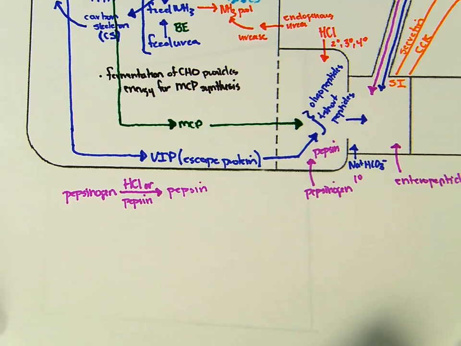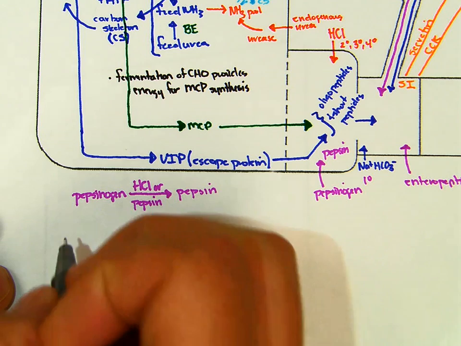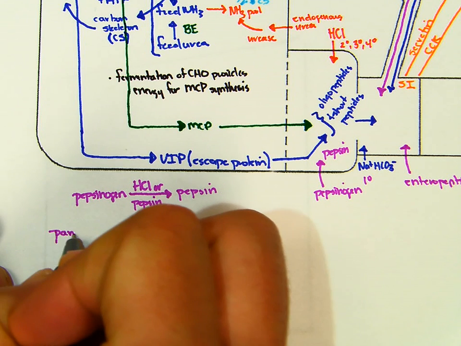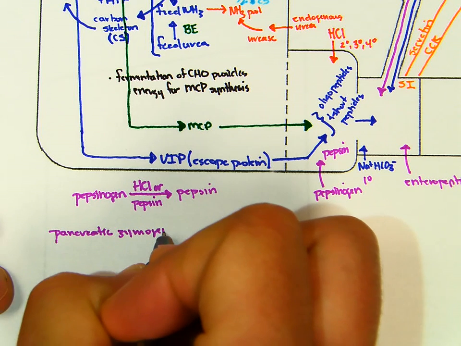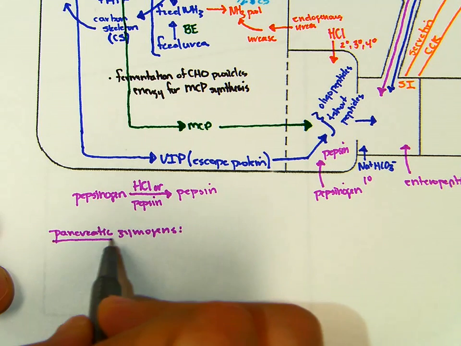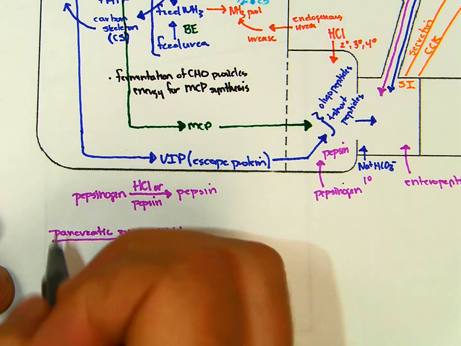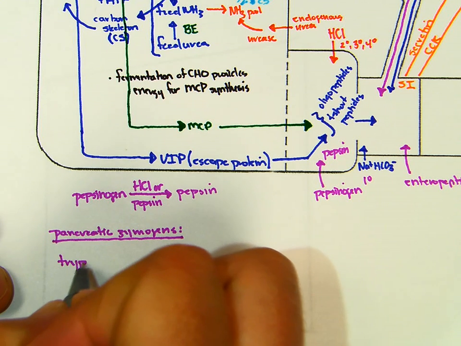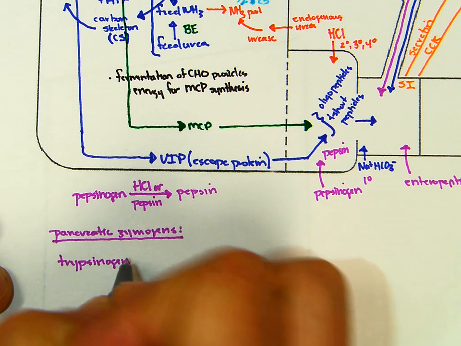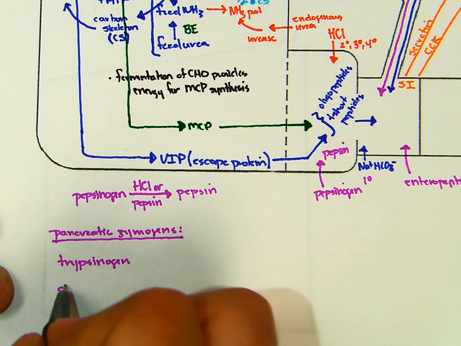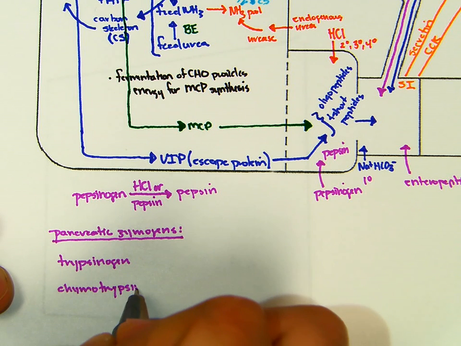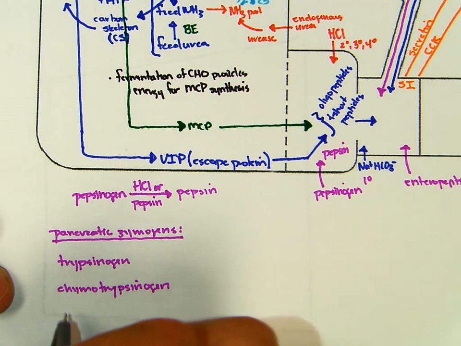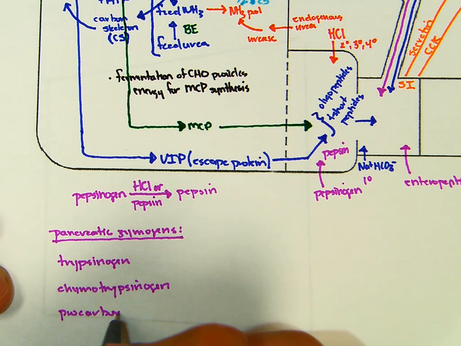Okay, so back under the rumen, we are going to write pancreatic zymogens. And our pancreatic zymogens are trypsinogen, chymotrypsinogen, and last but not least, procarboxypeptidase.